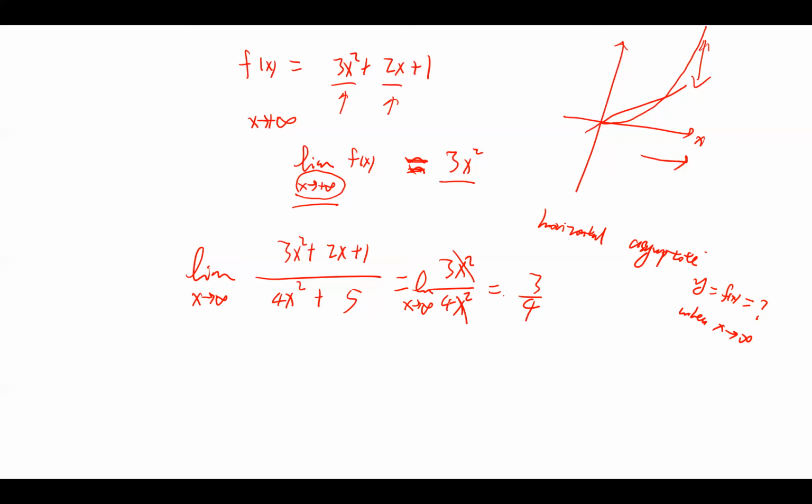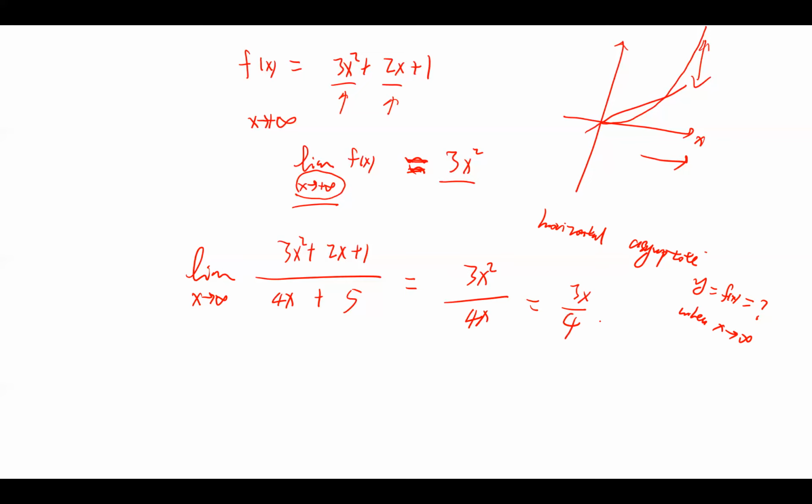So the result is naturally 3 over 4. However, let me change the setting here: if I'm looking at a power of 1 in the bottom part, then I would have 3x squared over 4x. Cancel one x, so 3x over 4.